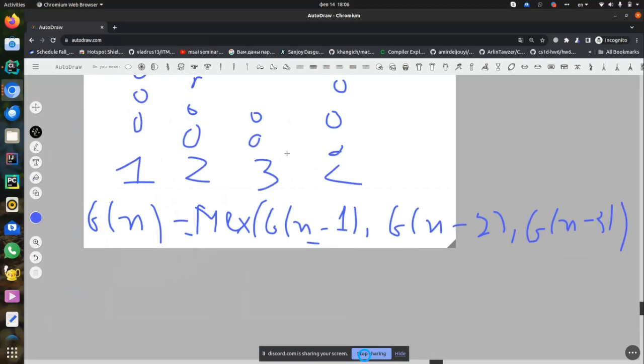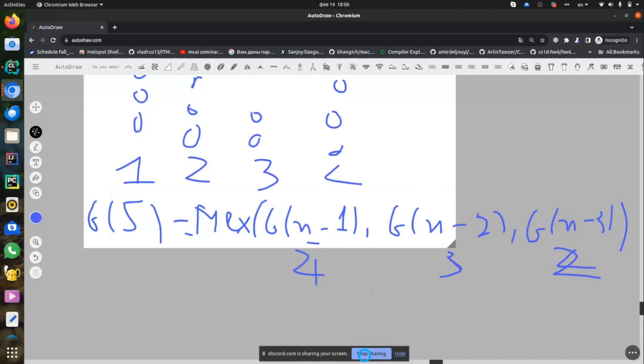So if we have 5 here, it should be 2, 3, and 4, right? No, 4, 3, and 2. Yeah, it should be 4, 3, and 2 here.